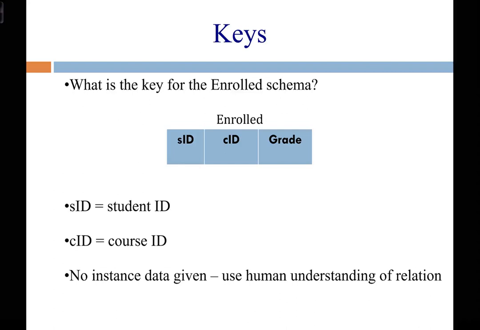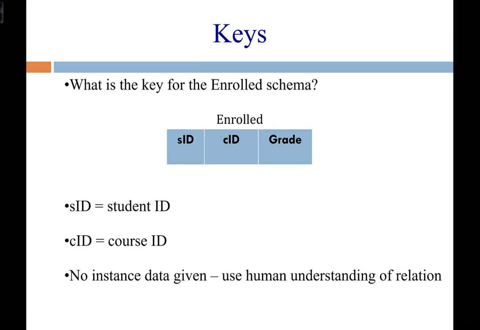Okay, I want to do another little exercise with the same enrolled table. What is the key? We don't define super keys on tables in real relational databases. We define keys. We have to know what the super keys are first before we can do that.